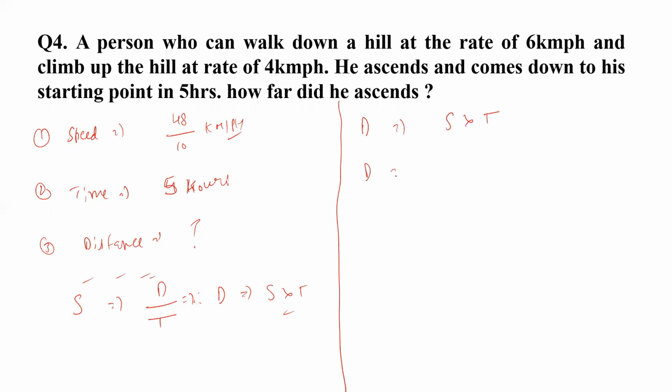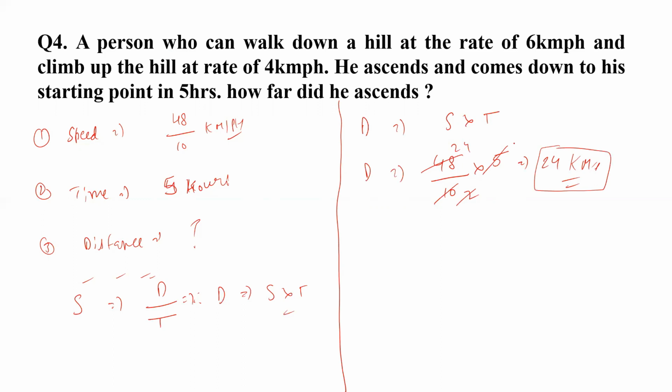I am just writing here d is equal to speed, we already know this is 48 divided by 10, and time we already know this is 5 hours. So if we solve this equation, 5 can cut the 10 easily, so that here comes 2, and 48 can be solved with the table of 2, and that comes to be 24. So 24 kilometers comes as the total distance covered by the man.